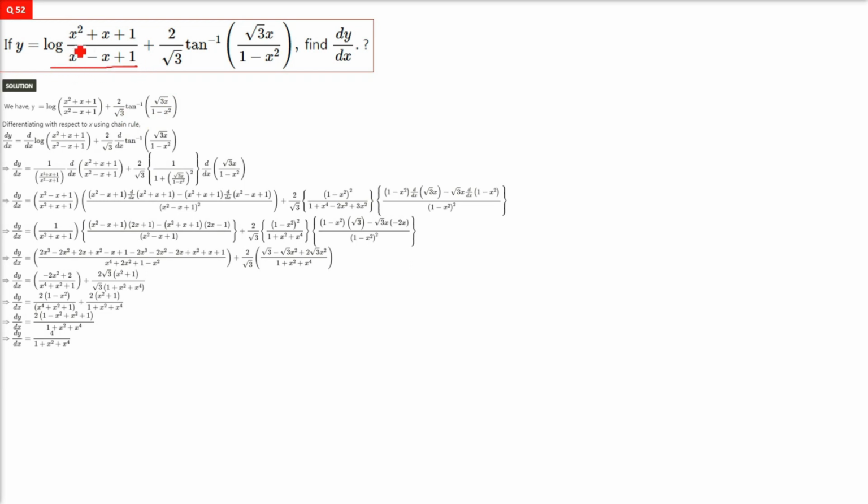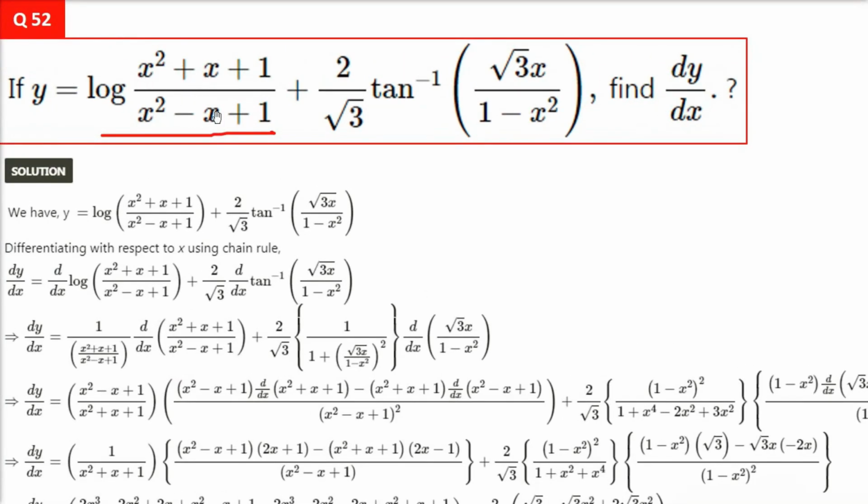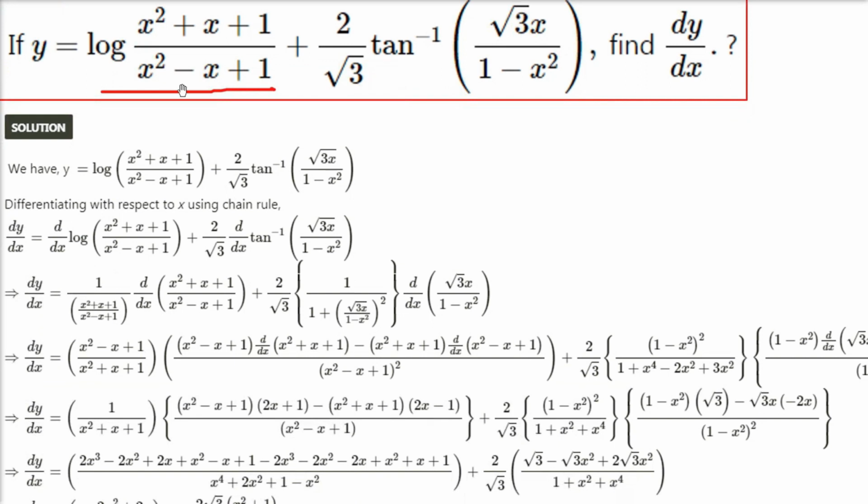Now here I'll show it to you, because differentiation of log will be 1 by that thing. So the terms, numerator and denominator, will change places. This is the place I am highlighting. X square minus x plus 1 will be the numerator and x square plus x plus 1 the denominator. And then we will do the differentiation of this one inside the log.